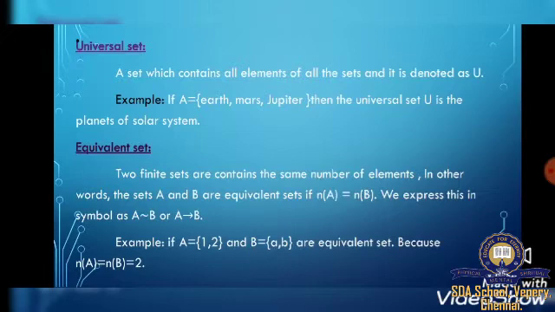In other words, the sets A and B are equivalent sets if n(A) is equal to n(B). We express this in symbols as A ~ B. For example, if A is equal to {1, 2} and B is equal to {a, b}, A and B are equivalent sets because n(A) is equal to n(B) is equal to 2. Therefore, it is equivalent.